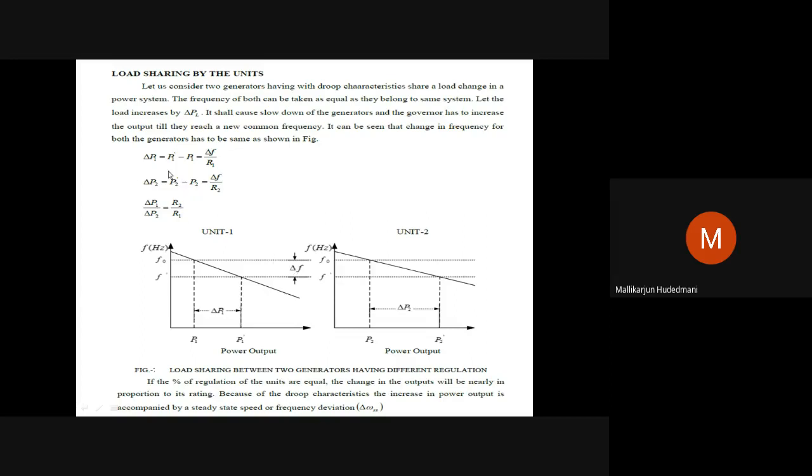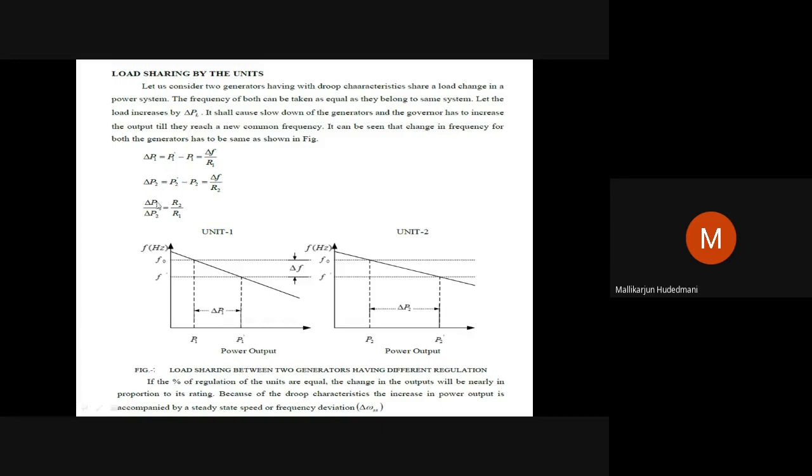If I take delta P1 divided by delta P2, that is equation 1 on equation 2, delta F by R1 whole divided by delta F by R2. Delta F cancels and the ratio remains R2 by R1. You can see here, the proportionate shift delta P1 is R2 by R1 into delta P2. If I write this delta P2 in terms of load, what is delta P2?